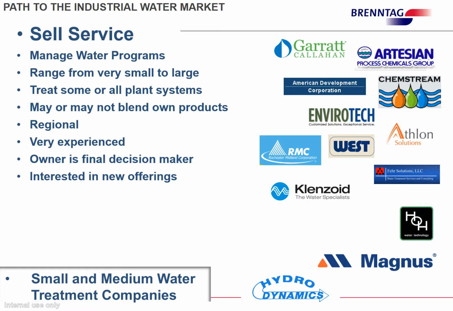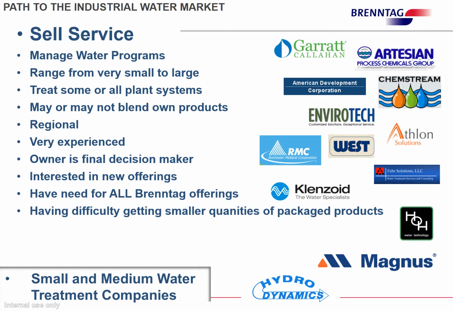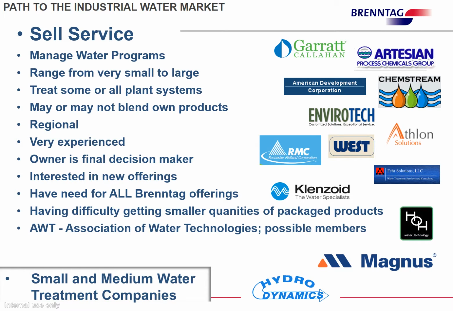These are all typically entrepreneurs, and they like to be on the cutting edge of new technologies. They have a need for all of Brenntag's offerings, specialty products and also commodities. They are currently having problems getting smaller package sizes and smaller package amounts from some of the larger manufacturers. And this is where Brenntag really brings our abilities to the table.